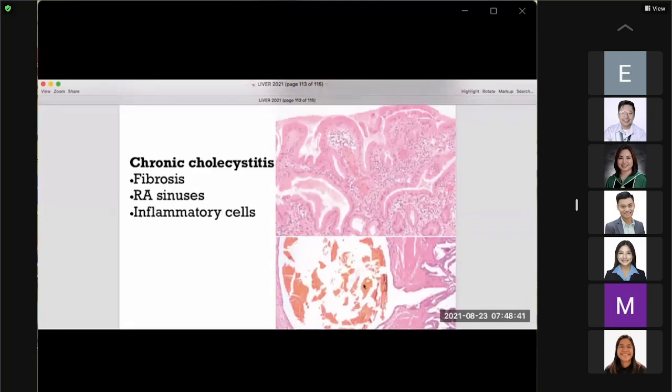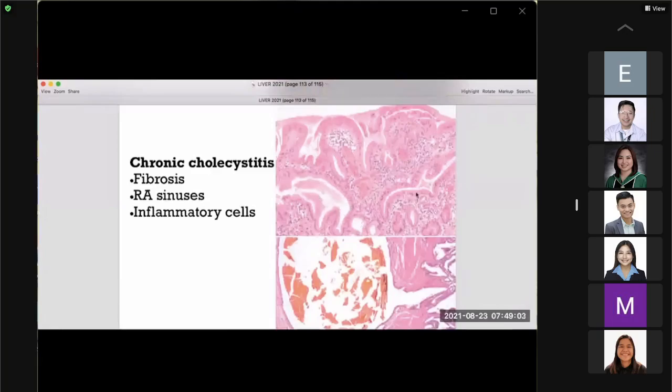Also, the presence of fibrosis, presence of Rokitansky-Ashcroft sinuses. So if this is the mucosal lining, there is outpouching of the mucosa, forming the seemingly glandular structures into the muscularis layer. These are not malignant.